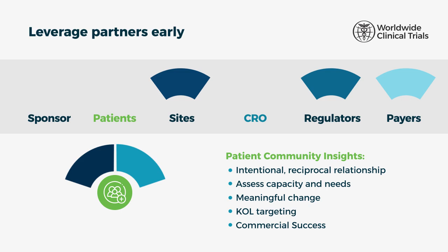Those physicians are going to be the ones who maybe have the best insights into the community, but they may also be the ones where more of the community gets their care, which has implications for recruitment and timelines. But all of these play into the eventual commercial success. Building these relationships is part of what optimizes the program overall.